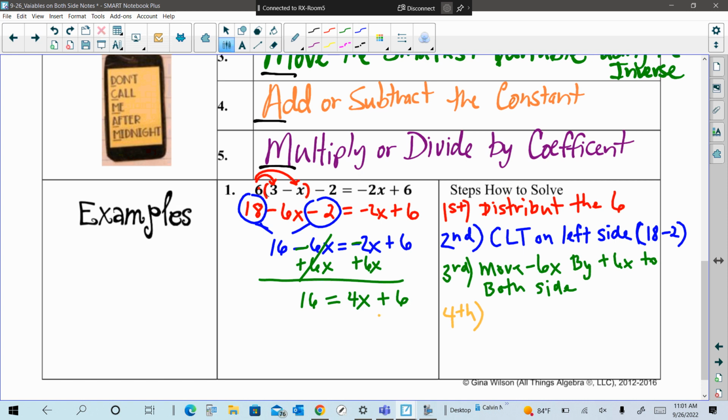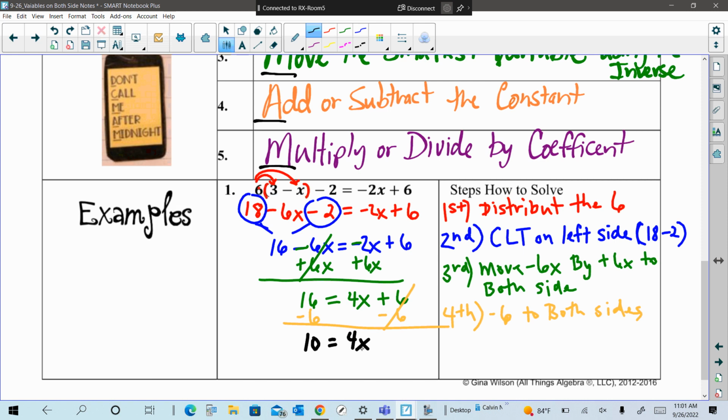That means we're going to say minus 6 to both sides of the equation. When I do that and simplify that, the constant cancels. And now we're left with 16 minus 6 is 10 equals 4x.